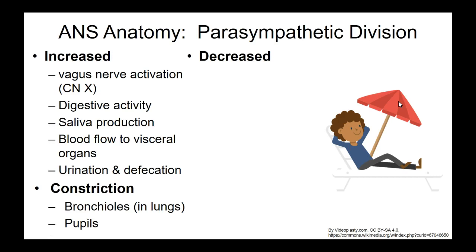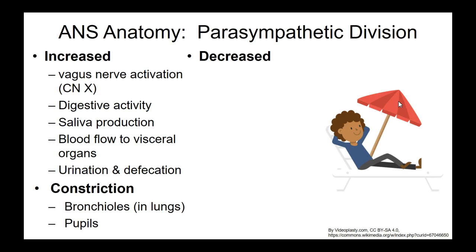Your heart rate goes up. And then what happens to the diameter of those bronchioles? They're going to also increase to get more air, right? So here, what gets constricted are the bronchioles. Now, if you're resting and digesting, all right, so pupils also are going to be constricted.